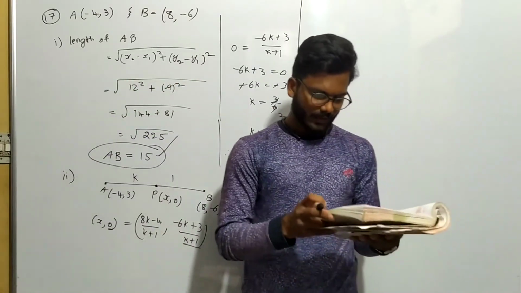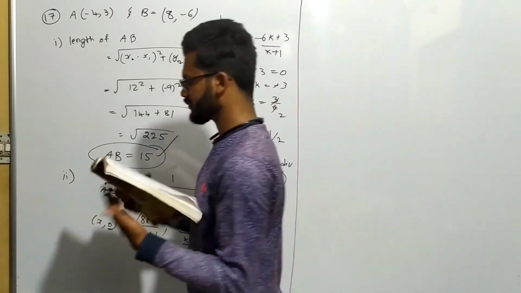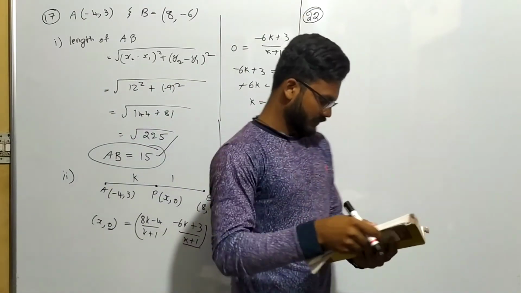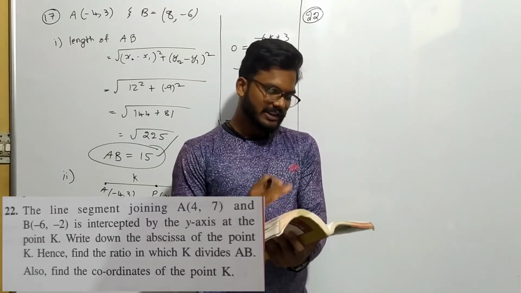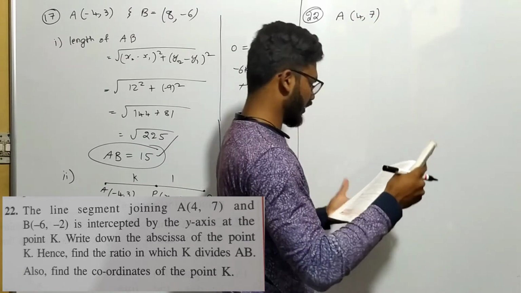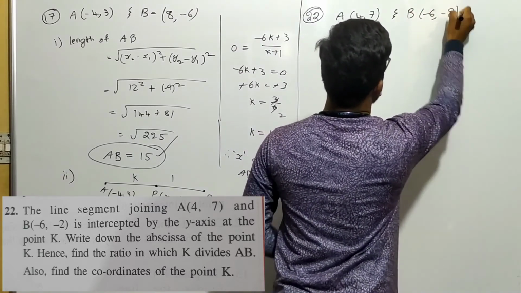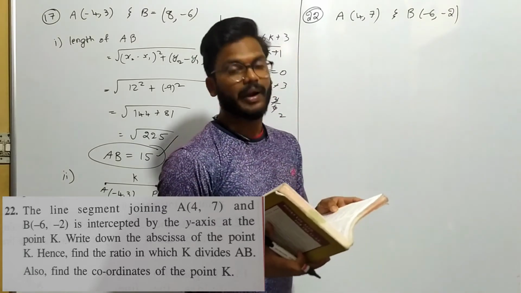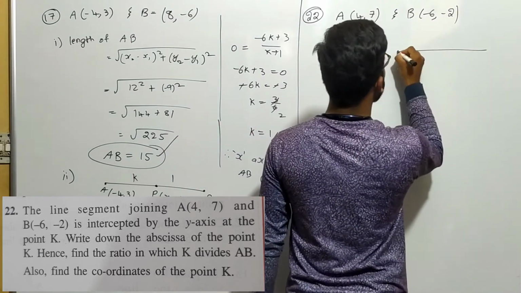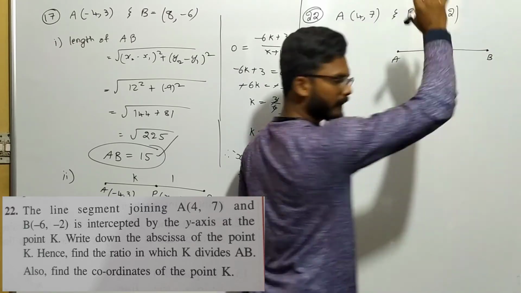Next, see this problem. The line segment joining A 4 comma 7 and B minus 6 comma minus 2 is intercepted by the y-axis at the point K. Nothing but the AB line segment intercepts the y-axis at point K. Right?